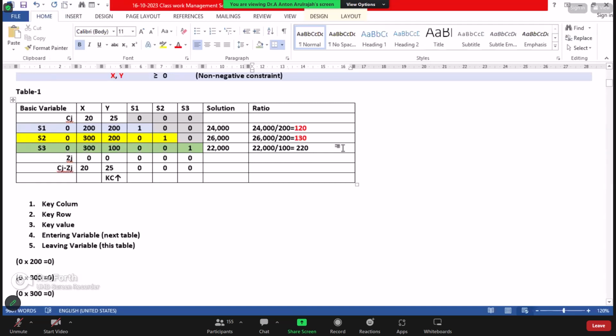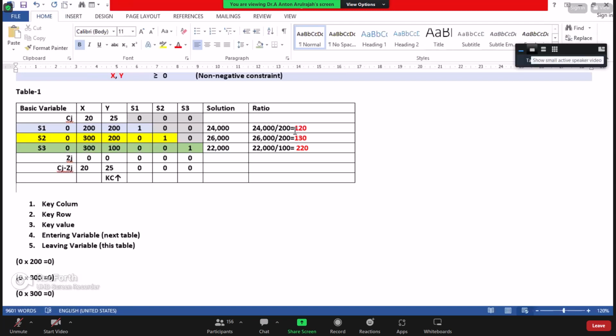Okay. Check that. If anything is wrong, you have to say. Now, we have these three values: 120, 130, 220. Which one is the smallest positive? 120 or 130 or 220? 120.